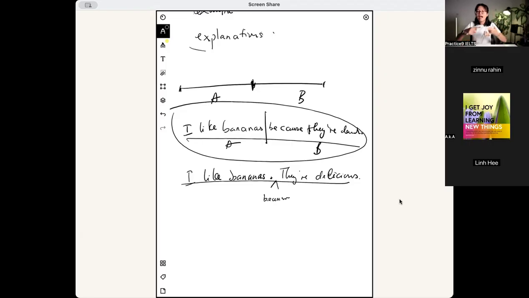So let's say you have, I like bananas, I like apples, I like oranges. So 3 sentences like this. We can combine them into one, saying, I like bananas, apples, and oranges. Okay, but first you need to have 3 different sentences and then you combine them. That's what you can practice to do.